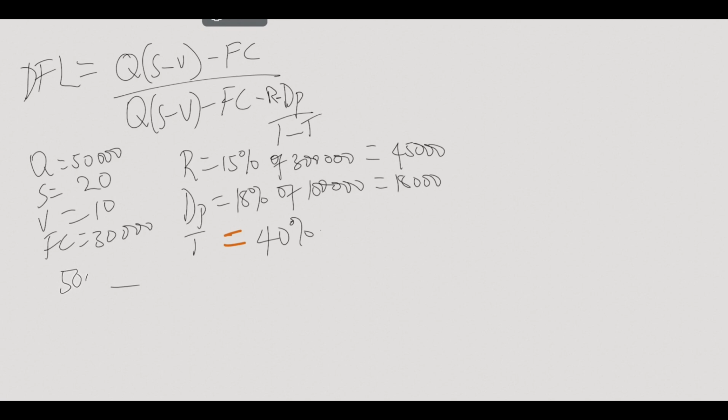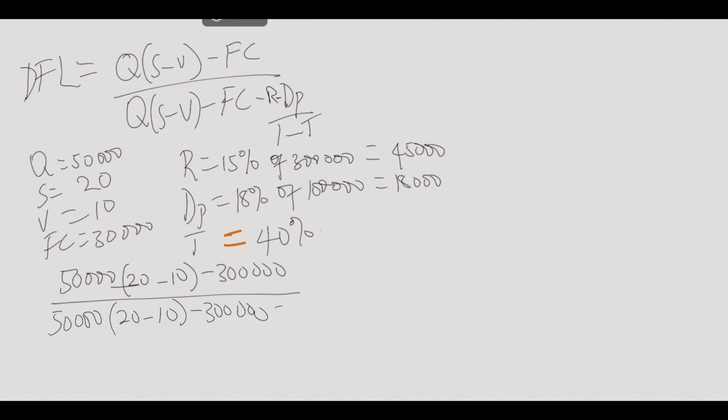So Q is 50,000 into 20 minus 10 minus 300,000, divided by 50,000 again into 20 minus 10 minus 300,000, minus the R, 45,000, minus DP, which is 18,000, over 1 minus 0.4, right?